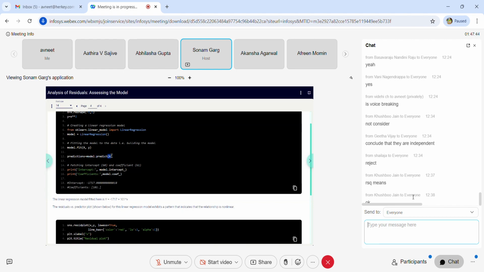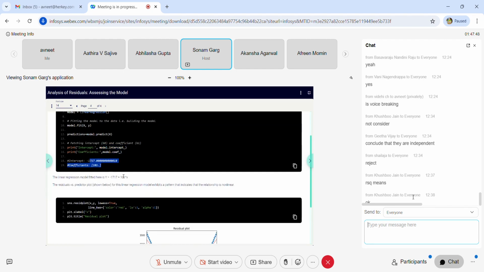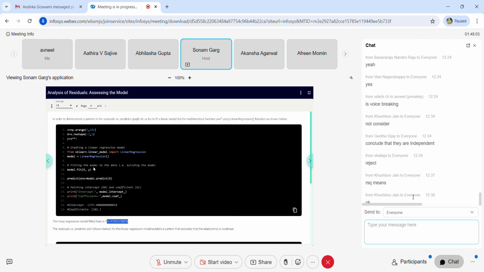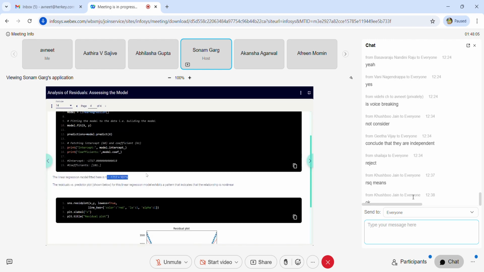Predicting the values of y corresponding to the x values, check for the intercept and coefficient. It's coming to be 101 times x minus 1717 something. That's what I was saying, some data it will give you. It's not that it will not work. It will work. It's all about calculations, and you have some numbers. Something will be calculated. Some values of m and c will come.